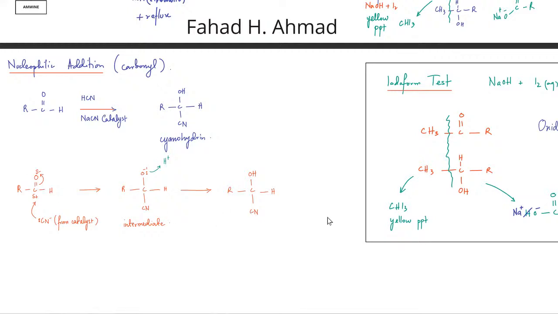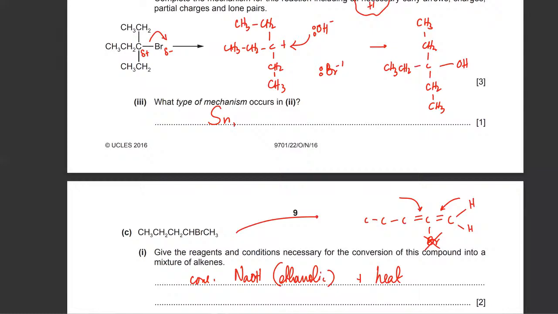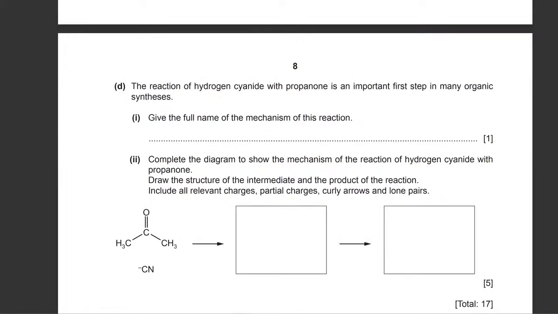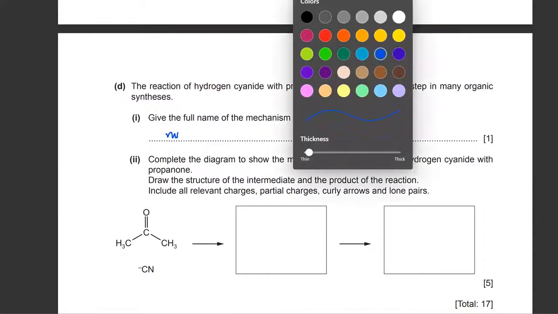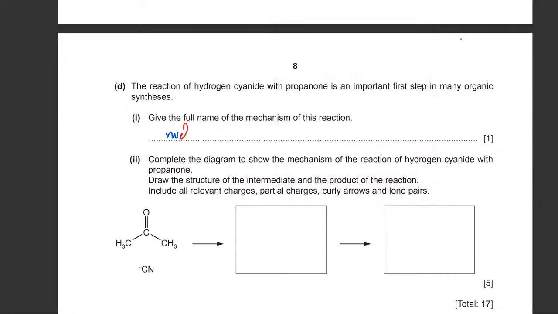So this is nucleophilic addition, and he's asking for the mechanism as well for this reaction. तो वो बना भी देते हैं, नाम भी लिख देते हैं कि the name is nucleophilic addition.